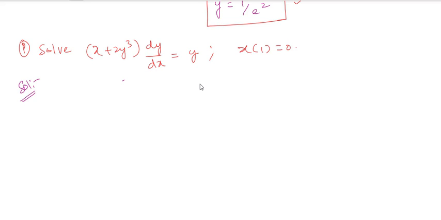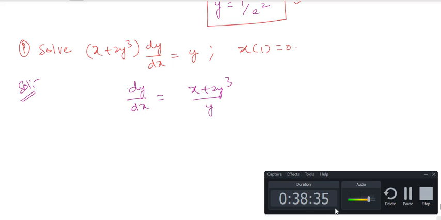So what I'll do is, my dy by dx will be what? Sorry, dy by dx is y by x plus 2y cube. Is it correct or wrong? Is there any mistake? Yes, I think I made a wrong step.